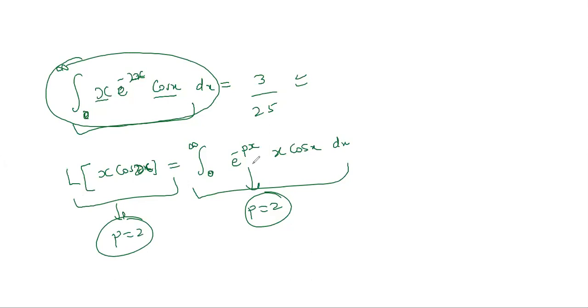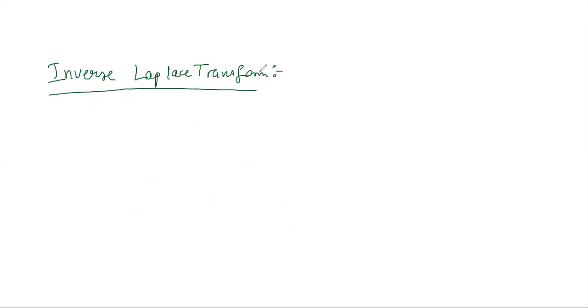Okay, so this is done, and now we are moving towards the next topic. These are the properties which you can use to solve various kinds of questions using combinations of properties. So next we are going to introduce the inverse Laplace transform. Inverse Laplace transform clearly means you already know what is Laplace transform.